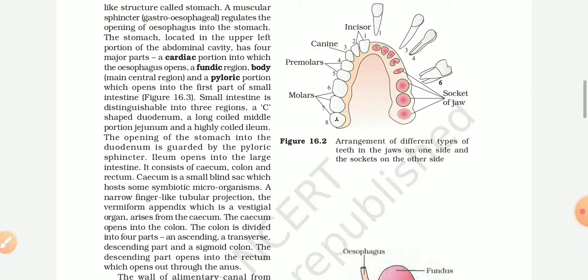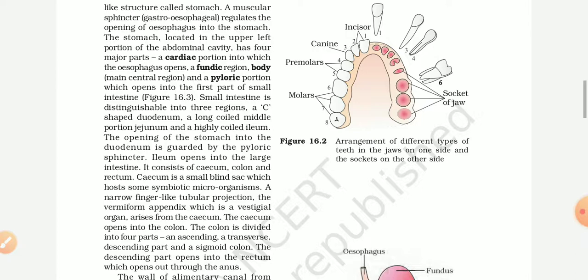A narrow finger-like tubular projection, the vermiform appendix, which is a vestigial organ, arises from the cecum. It is a finger-like tubular projection called the vermiform appendix. It arises from the cecum.